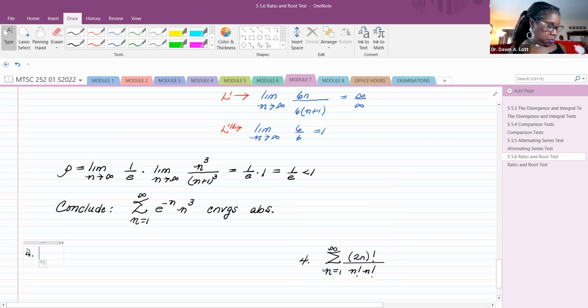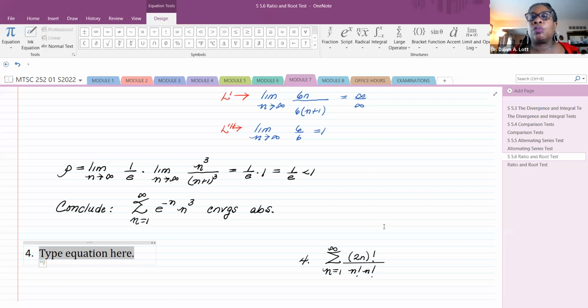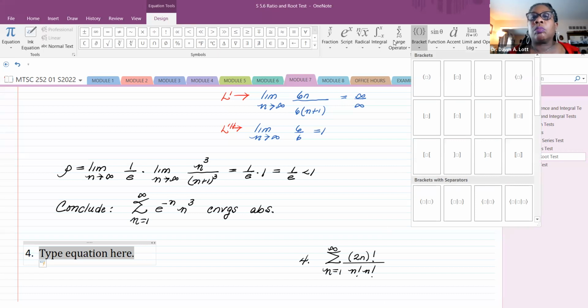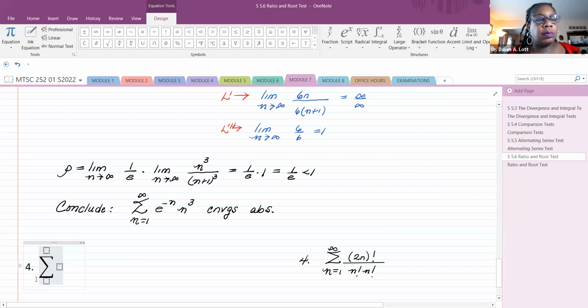Okay. So we have the sum n equals 1 to infinity, fraction on the top 2n factorial.